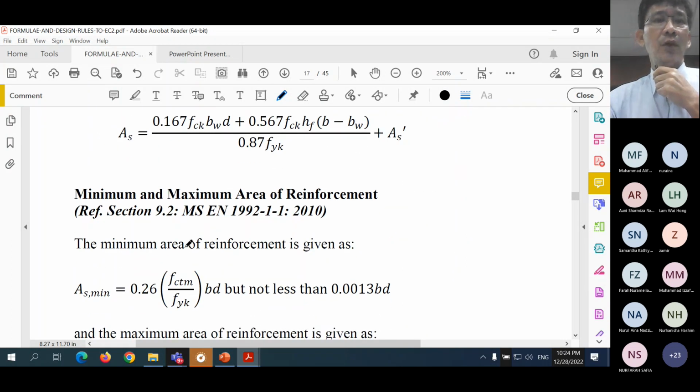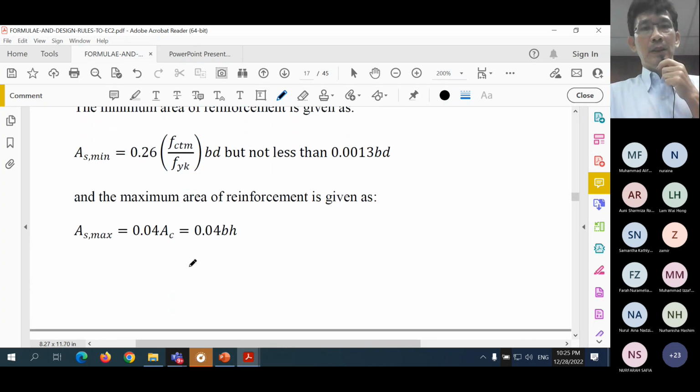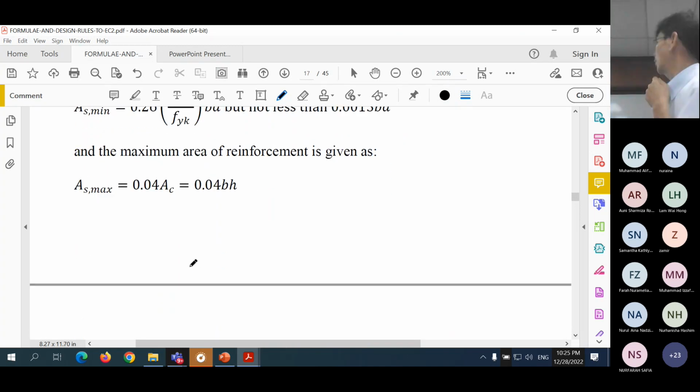Then we also have to check for minimum and maximum area of reinforcement. Okay. You have to check for minimum area of reinforcement and also maximum area of reinforcement. So that is for design if your beam is considered as flange sections.